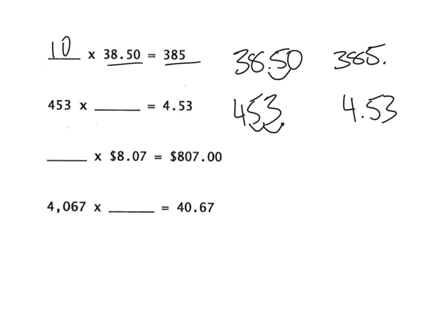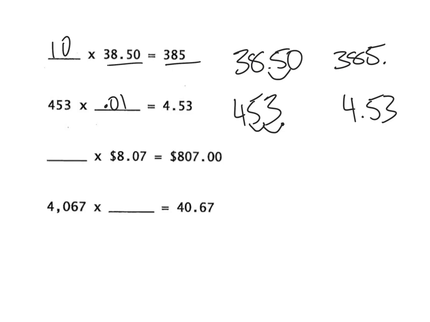And if I'm moving it twice here, I'm thinking, okay, it can't be times 100, but it could be times a hundredth. And so my answer here is going to be decimal 0.1. And that's because, again, you're going from something that's bigger in 453 to something that's smaller in 4 and 53 hundredths. You'd have to be multiplying by a part there. You couldn't be multiplying by 10, 100, or 1,000.